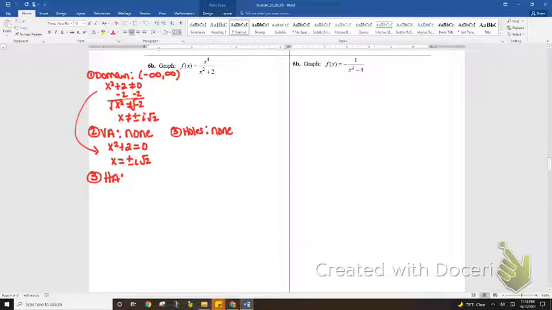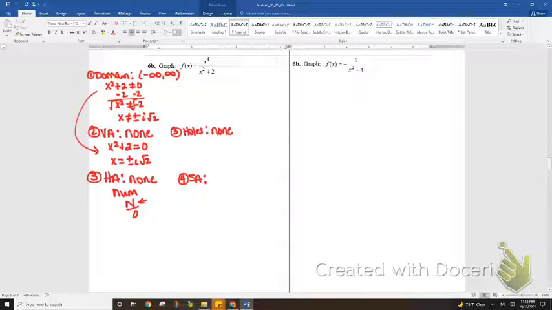Horizontal asymptote. Where is that highest power of x? On this one, x to the fourth is in the numerator. So if I use the rule to help me, remember the n stands for none. So if we don't have a horizontal asymptote, we've got to think about the slant asymptote.